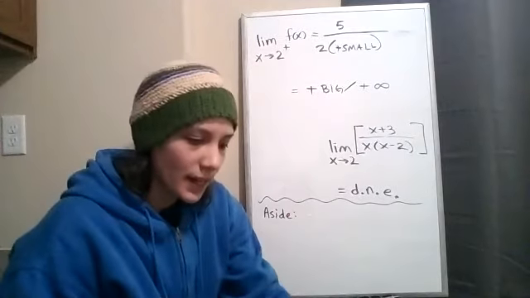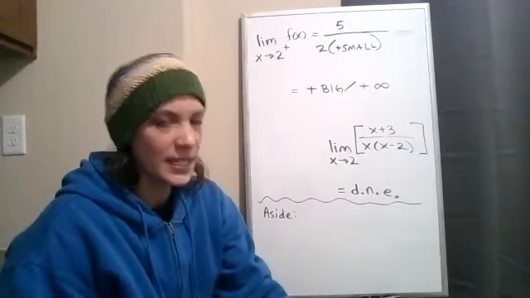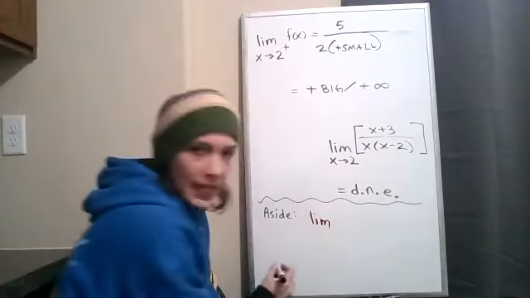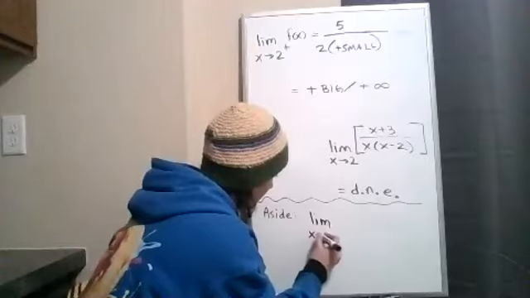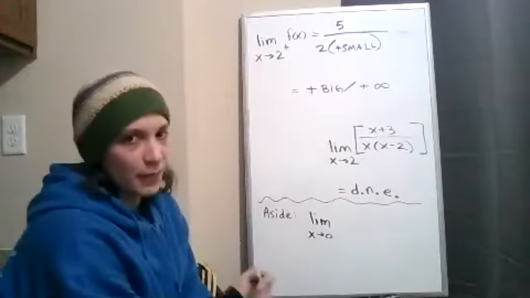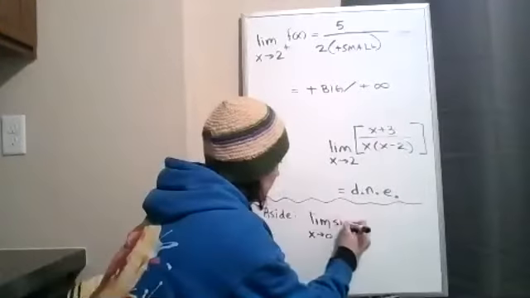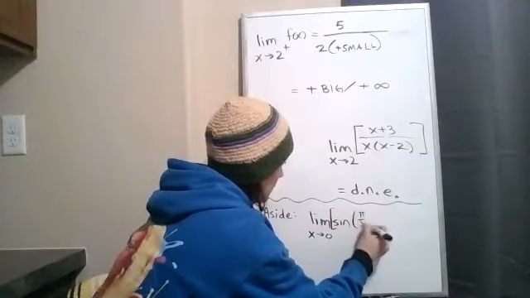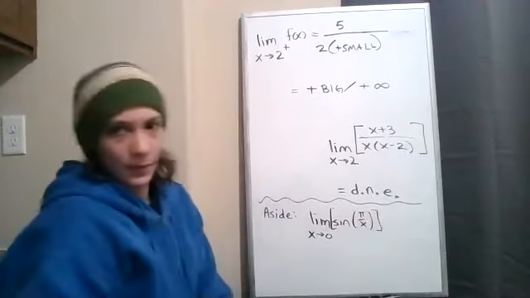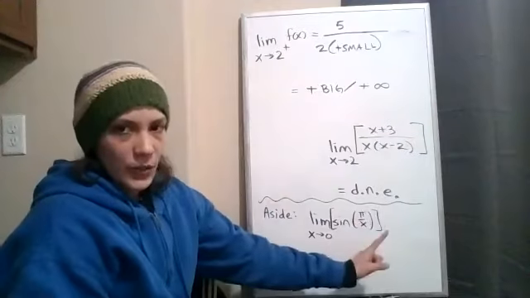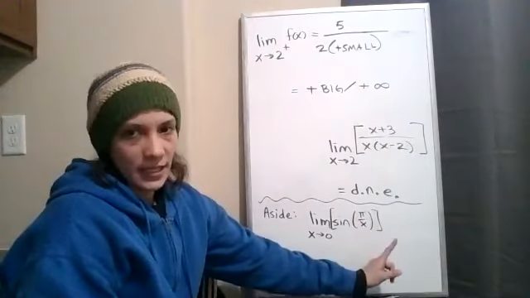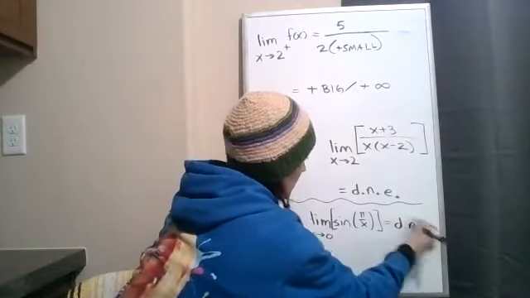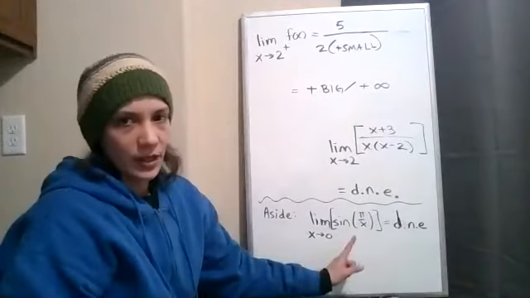It's the sine of pi over x, and we're going to take the limit as x goes to 0 of the sine of pi over x. I'll just let you know right now that this limit does not exist. And we'll describe what's going on.